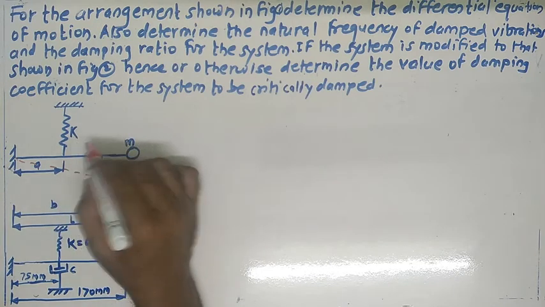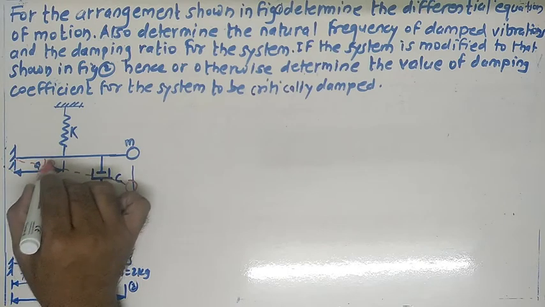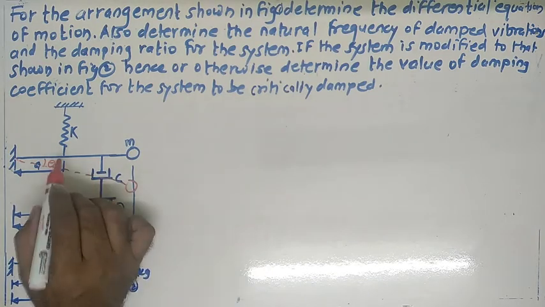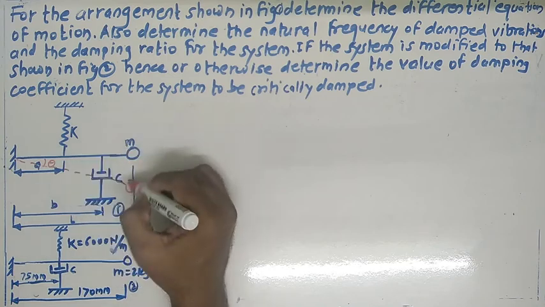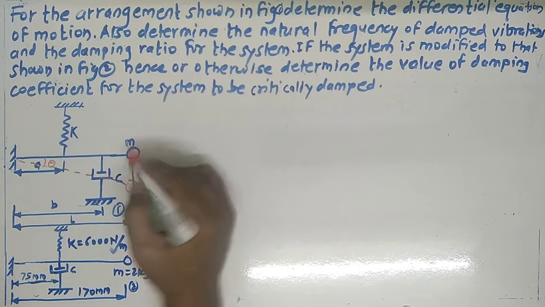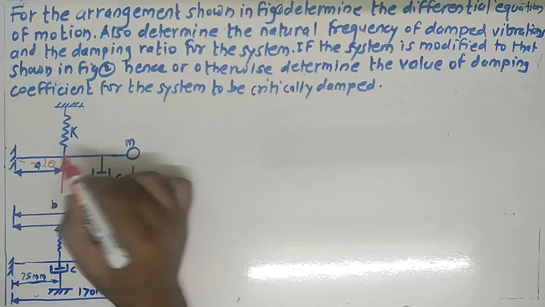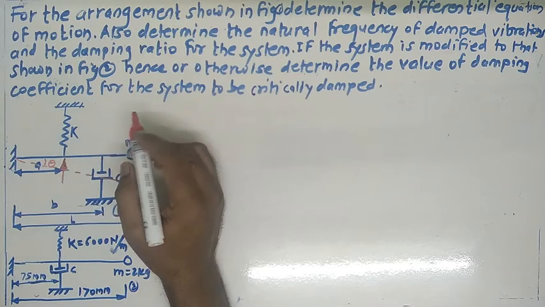I'll show that angle theta here. At the same time, different forces are acting. Because the bob comes in the downward direction, this indicates the spring force. The spring force acts in the upward direction.